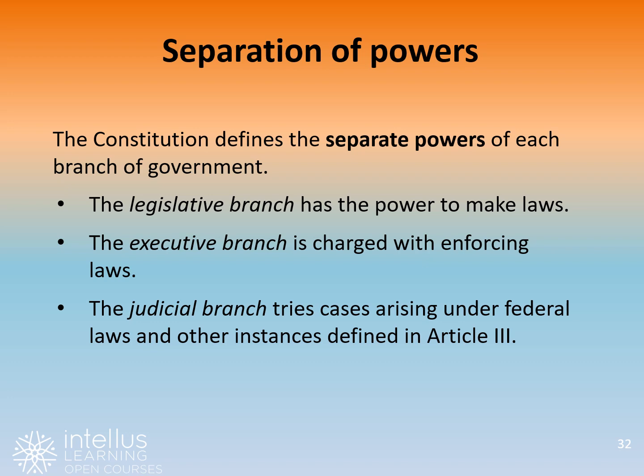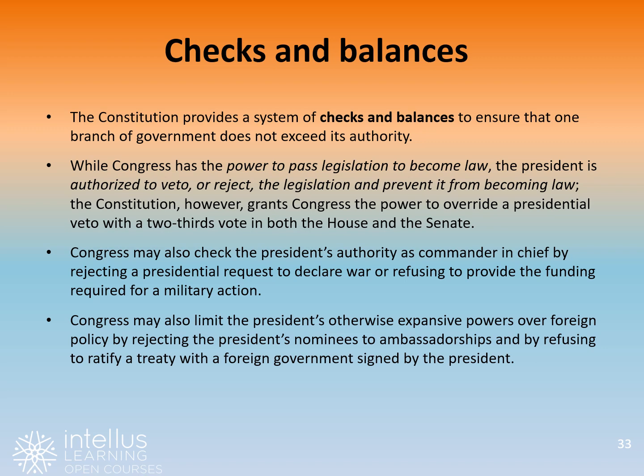So the Constitution defines the separate powers of each branch of government. The legislative branch has the power to make laws, the executive branch is charged with enforcing laws, and the judicial branch tries cases arising under federal laws and other instances defined by Article 3 of the U.S. Constitution. The Constitution provides a system of checks and balances to ensure that one branch of government doesn't exceed its authority.